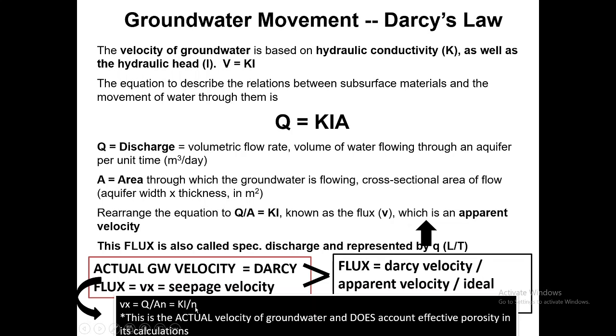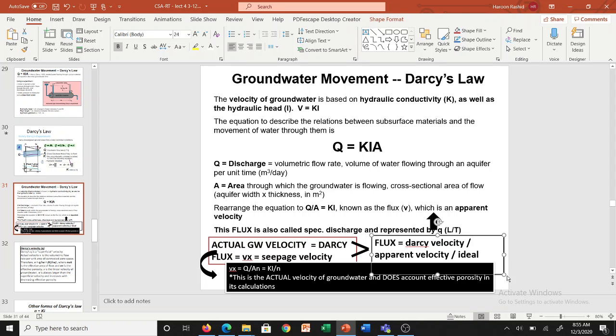This N is supposed to be less than 1, because it is the proportion, the ratio. So that's why we are going to have this value always higher than the apparent velocity, the ideal velocity.